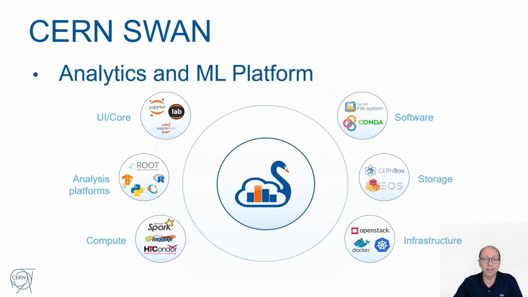This also contains packages of interest for data analysis. It could be TensorFlow, PyTorch, or several Python packages like Pandas, then of course ROOT. And then it's integrated with compute, Apache Spark clusters, then Hadoop clusters, HTCondor, and CVMFS, CERNBox, EOS, and then it runs on VMs and the OpenStack system.